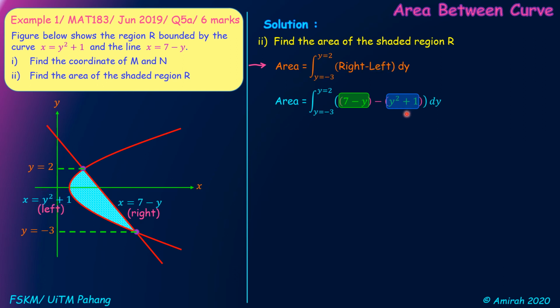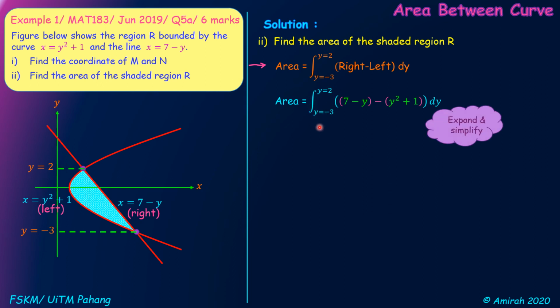So we get everything in terms of variable y, and we use limit on the y-axis. Remember, when we integrate with respect to y, we must write everything in terms of variable y and use limit on the y-axis.